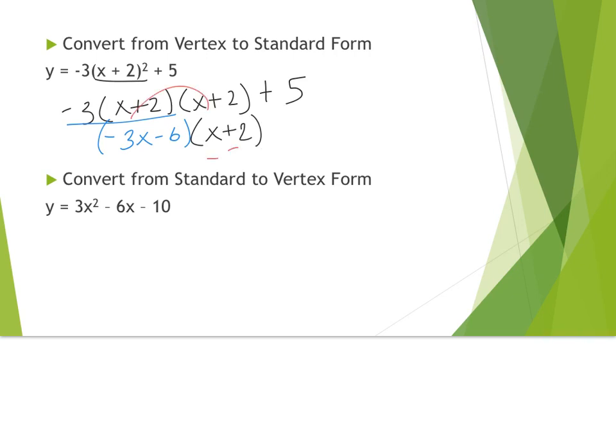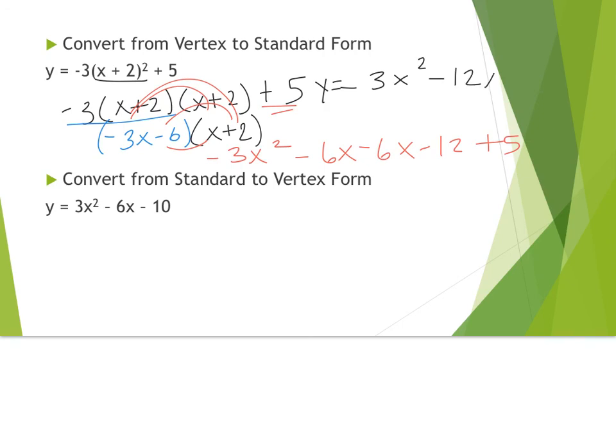So it's going to be negative 3x squared minus 6x minus 6x minus 12, and then I have this plus 5. So if I clean that up, combine like terms, write it from highest to lowest degree, I have y equals negative 3x squared minus 12x minus 7.